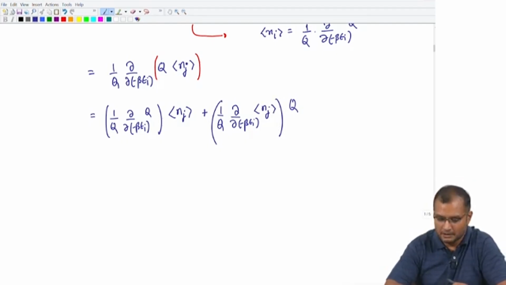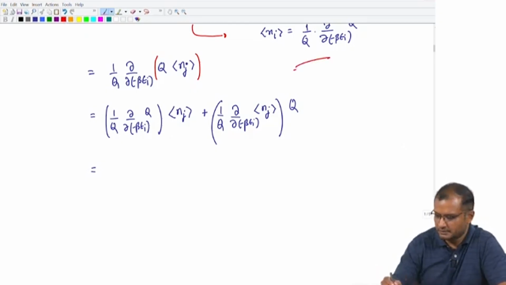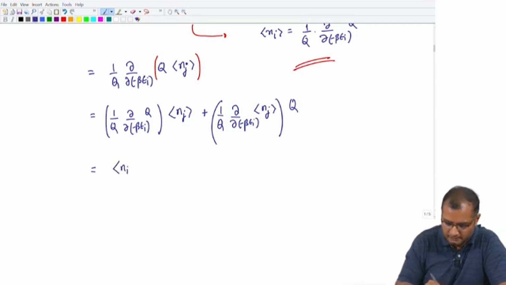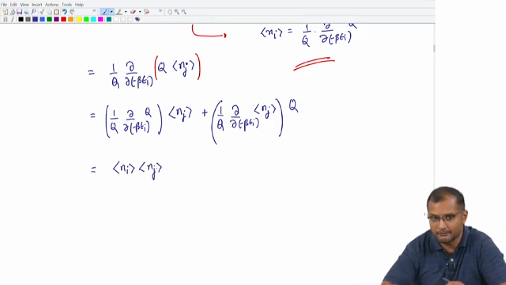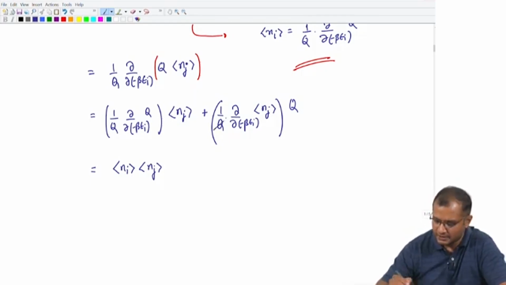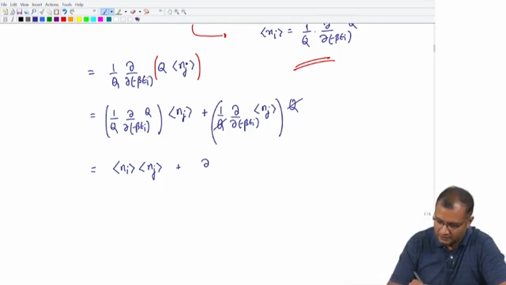Okay. Of course, by the definition that we have written earlier here, you can substitute for this first term as the expectation value Ni into what you have as a remainder, the expectation value of Nj, and realizing that this q knocks off with this q.